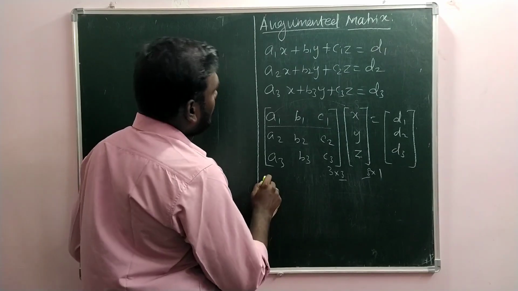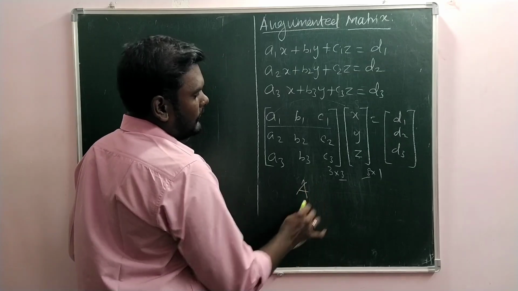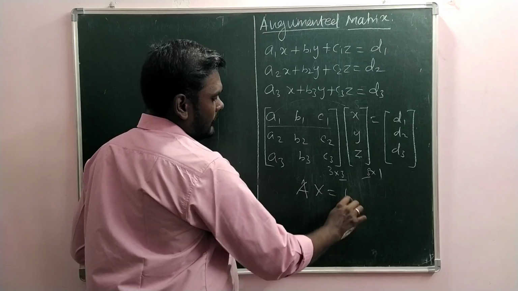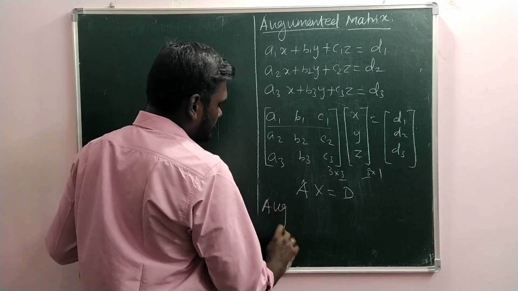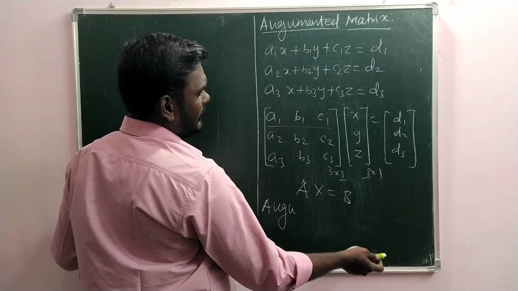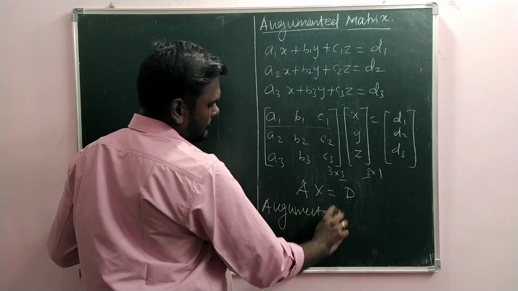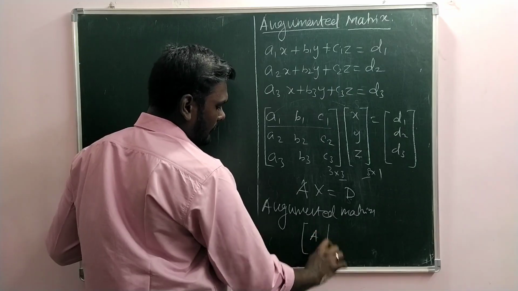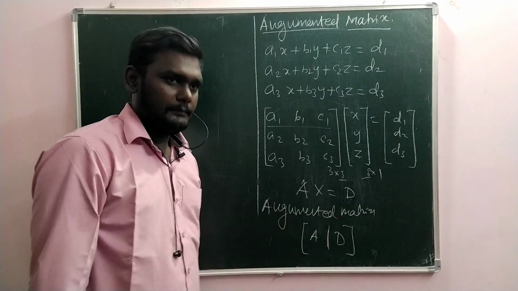Here, augmented matrix means, we call the coefficient matrix A, the variable matrix X, and this is D. Augmented matrix is a matrix joining the matrices A and D together, split by a line.